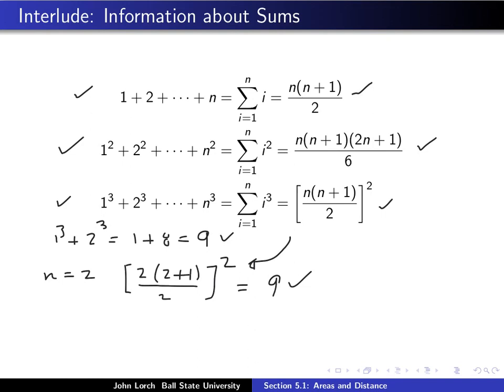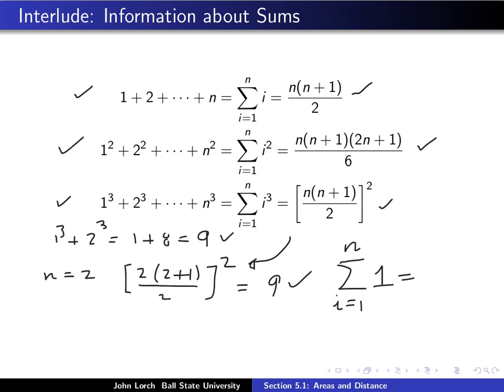Now there is one more formula that I probably should have put on this slide, and I'll just give it to you now. And it's this one. Let's suppose we just add 1 to itself n times. So you can imagine this as just being 1 plus 1 plus 1 plus 1, and then you have n of these 1s.